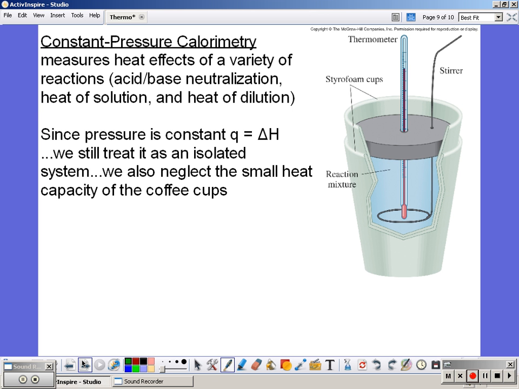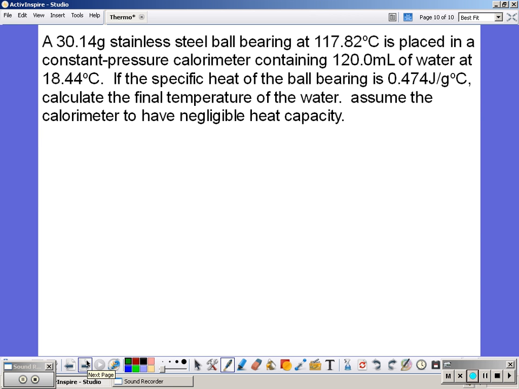So 30.14 grams of a stainless steel ball bearing at 117.82 degrees Celsius is placed in a constant pressure calorimeter containing 120 milliliters of water at 18.44 degrees Celsius. If the specific heat of the ball bearing is that, calculate the final temperature of the water. Assume the heat capacity of the calorimeter won't matter.